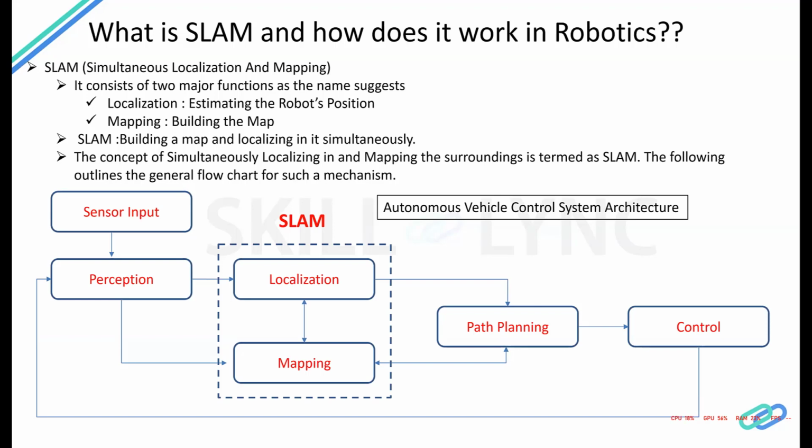So for example, let's talk about Google Maps. I think you use it on a very regular basis, right? So what does Google Maps do? It will put you on a certain location based on different sensor inputs, one of which is a GPS sensor.